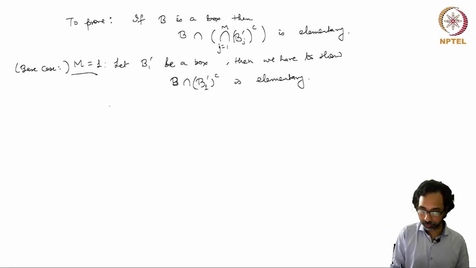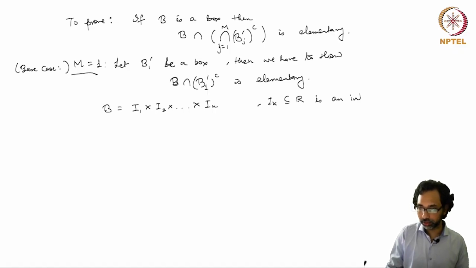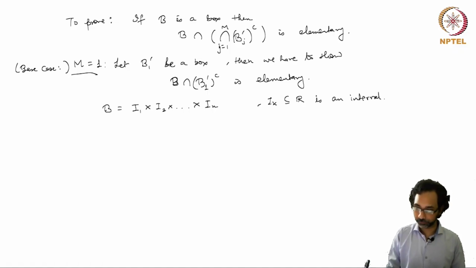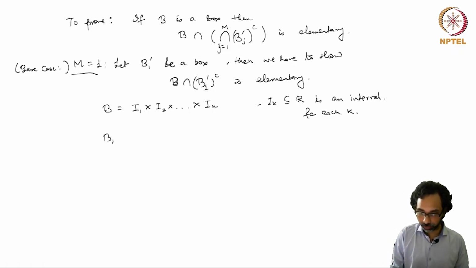So remember that B is a box, so it is a Cartesian product of intervals I1 cross I2 cross In. Each Ik is a subset of R, a bounded interval in R for each k. And similarly, B1 prime is a box, a Cartesian product of J1, J2, cross Jn, and again Jk is an interval for each k.